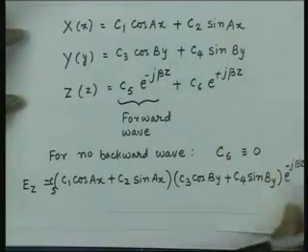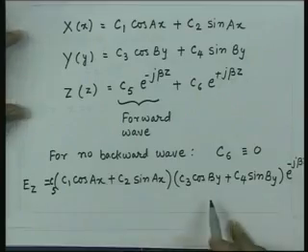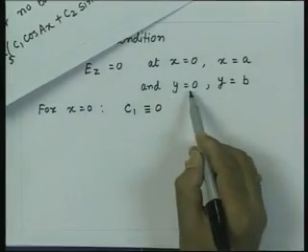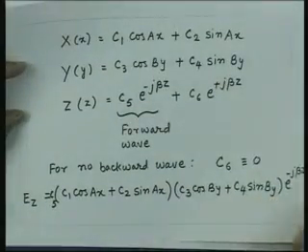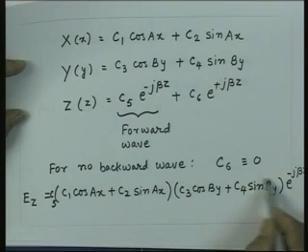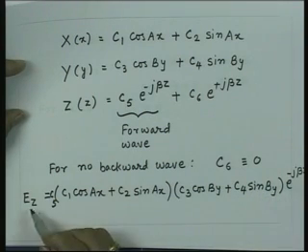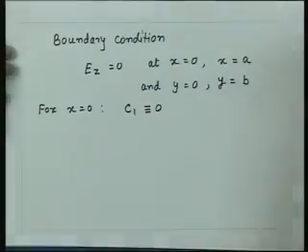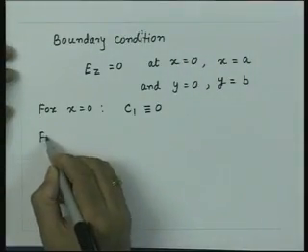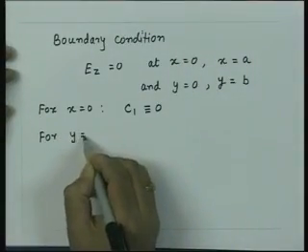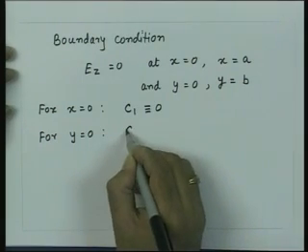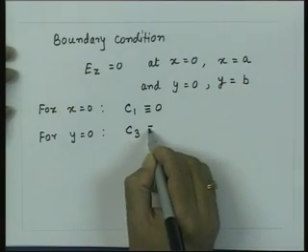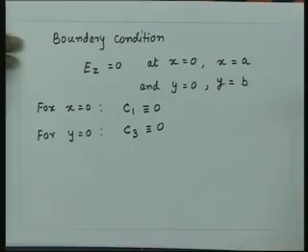Same thing we can do for y equal to 0, where again Ez is 0. If I put y equal to 0, this quantity will be 0, and then for Ez to be 0, this arbitrary constant C3 should be 0. So, for y equal to 0, we get that the arbitrary constant C3 is identically equal to 0.